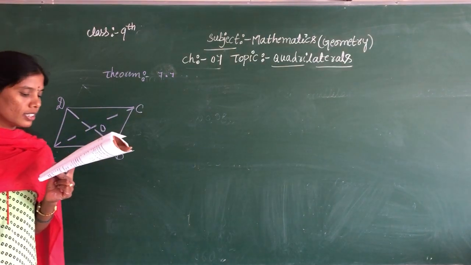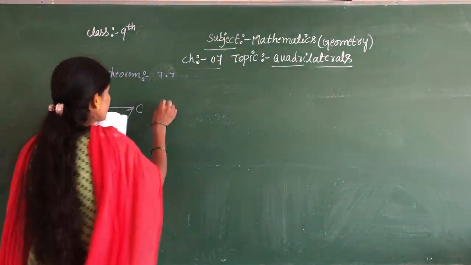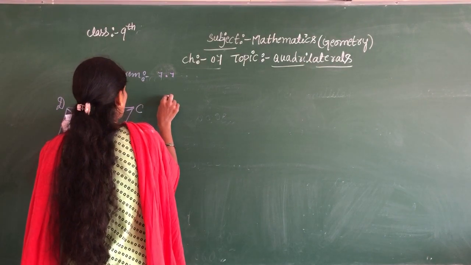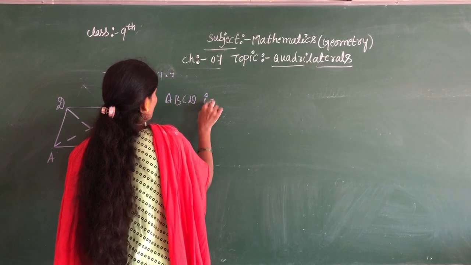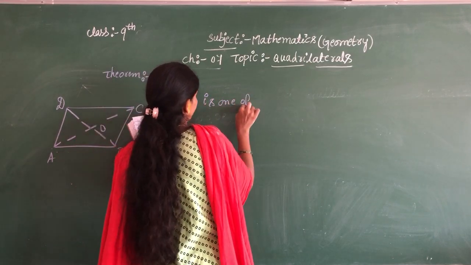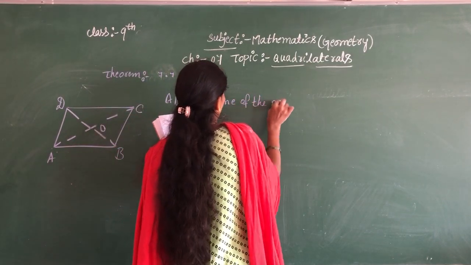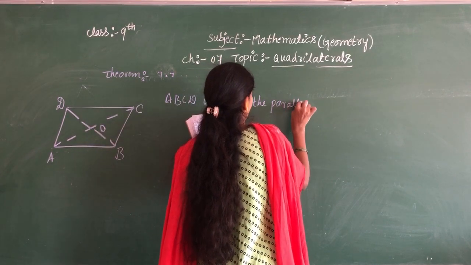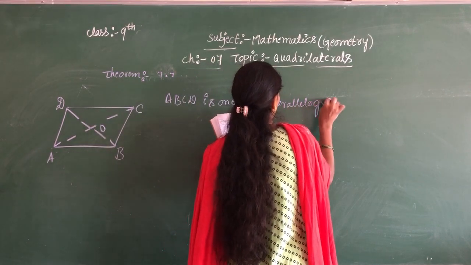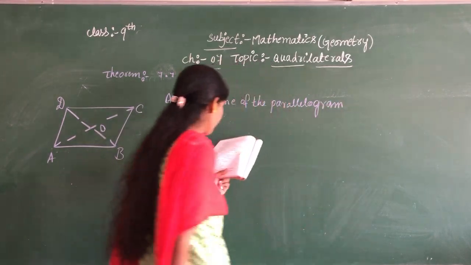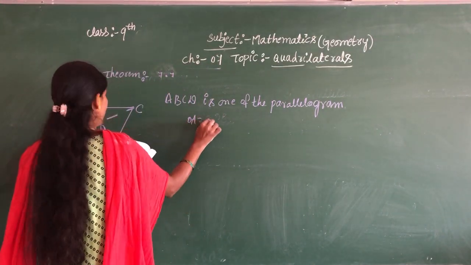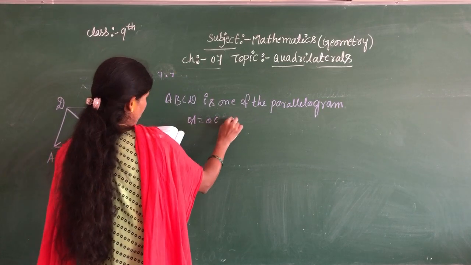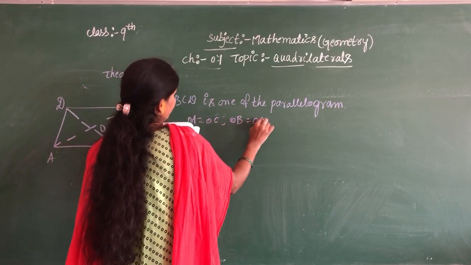You should write this, children. ABCD is a parallelogram. In the given, OA is equal to OC and OB is equal to OD.